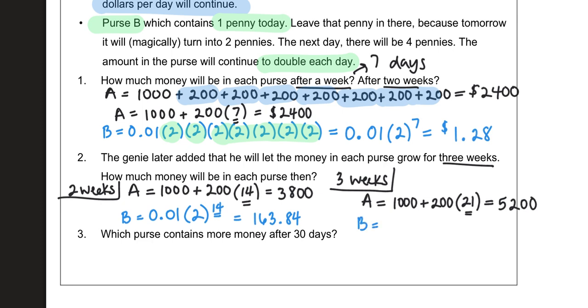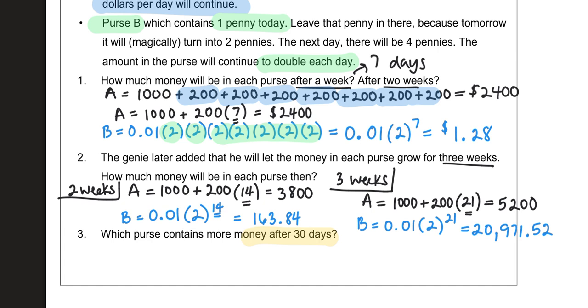In purse B, we have our penny that we start with times 2 to the 21st for 21 days. And in that purse, we would have $20,971.52.